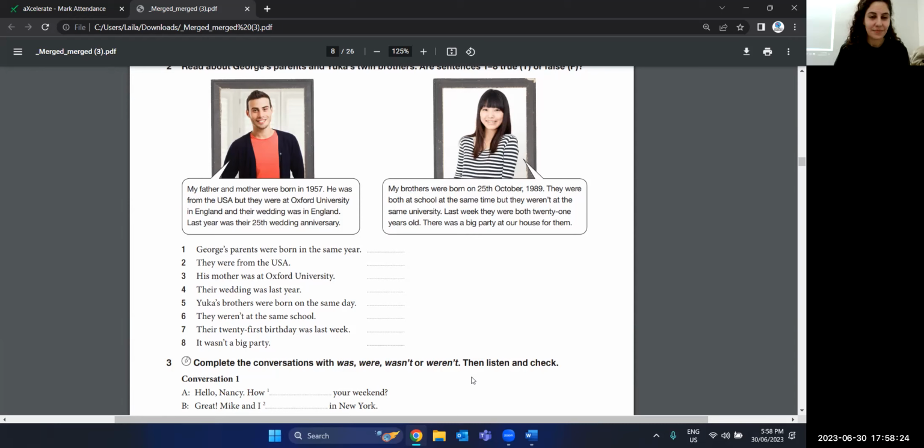He was from the USA. They were at Oxford University in England, and their wedding was in England. Last year was their 25th anniversary.